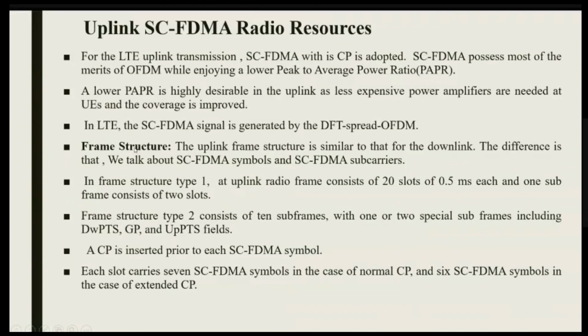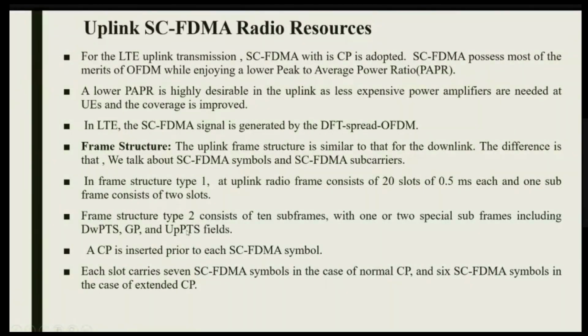Frame structure is similar to the downlink, with the difference that SC-FDMA symbols and SC-FDMA subcarriers are used. In frame structure type 1, the uplink radio frame consists of 20 slots of 0.5 millisecond each, and one subframe consists of 2 slots, the same as the downlink frame structure.